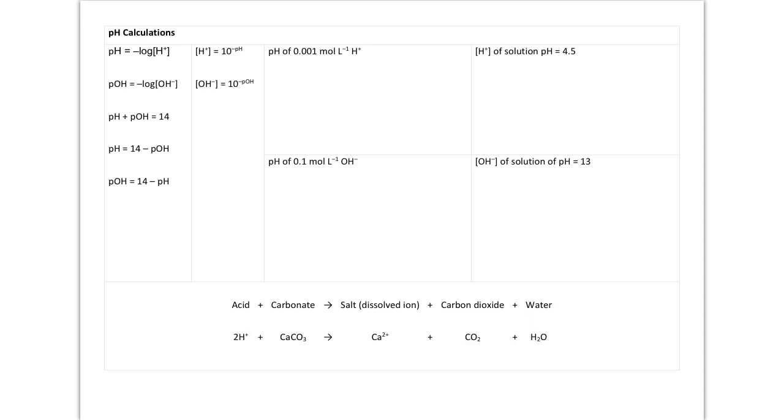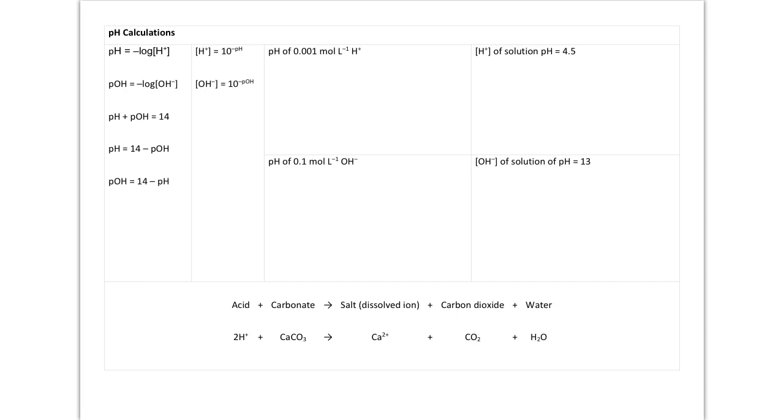If you haven't, please talk to me and ask about that, and I'll go through that bit in a bit more detail. So pH is equal to minus log, which I'll come back to, minus log the hydrogen ion concentration. So look at a really simple example first. What would be the pH of a solution of 0.001 mole per litre hydrogen ions?